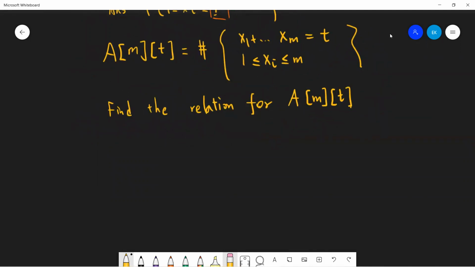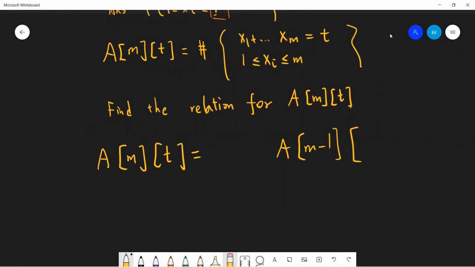So what should we do, right? It's obvious that this is almost trivial, right? Because A of m, t will be a sum over A of m minus 1, since you don't use this m-th dice, and you can assume that this m-th dice has results from 1 to k.